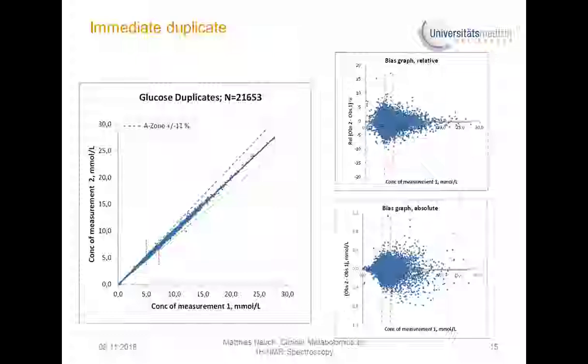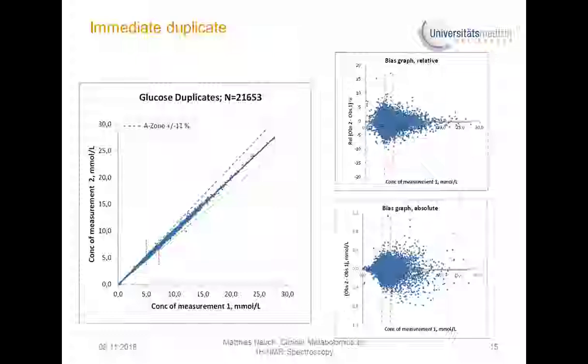Coming back to the analytical phase, I show you on this slide the situation that we measured in our clinical chemistry laboratory. Samples with a request for glucose determination, and we determined the glucose in duplicates just when the sample came in.